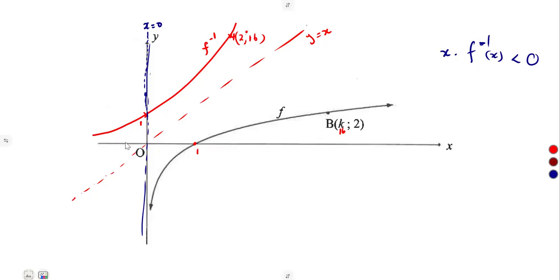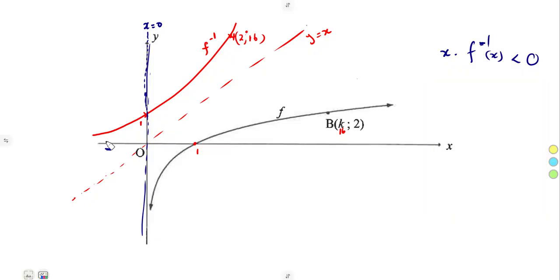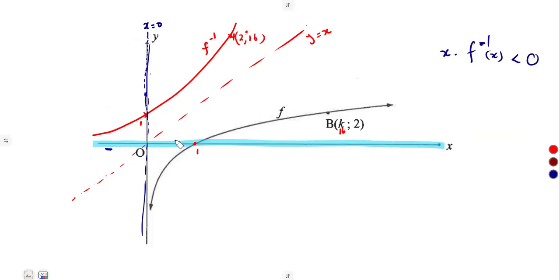So let's compare. On the left side, x is negative. But our graph here for the inverse is above the x-axis, meaning to say it is positive. From 0, as we go this side, 0, 1, and so on, the x values are positive.